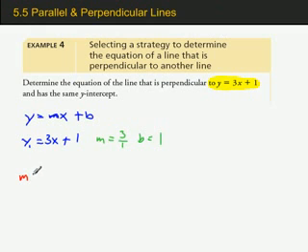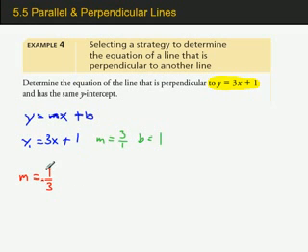I'll just put this m equals the negative reciprocal of 3, or otherwise known as 3 over 1, is going to be 1 over 3, and that's going to be negative, because we know that negative reciprocal means we exchange the denominator and numerator, and we give it the opposite sign.